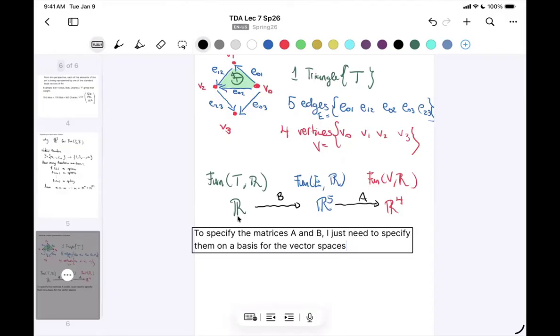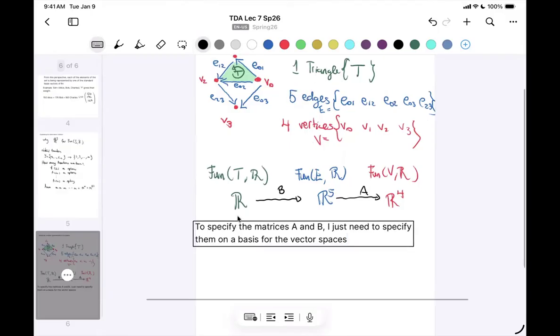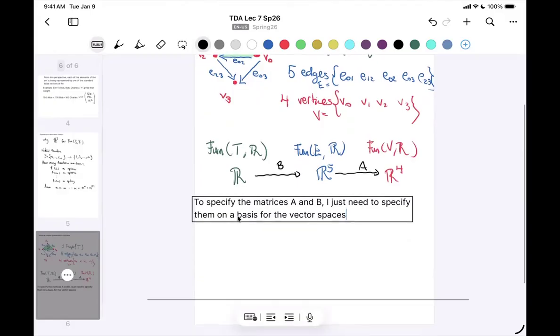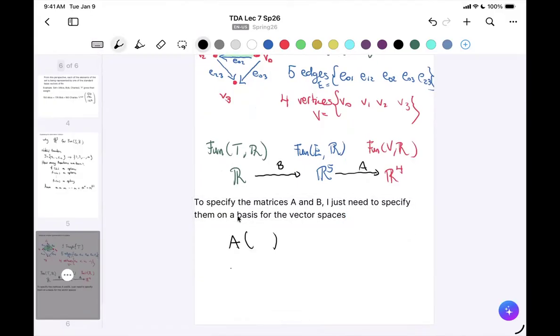So you have to specify A on the 5 edges. Let me move this a little bit. My 5 edges are going to be these that I have there.